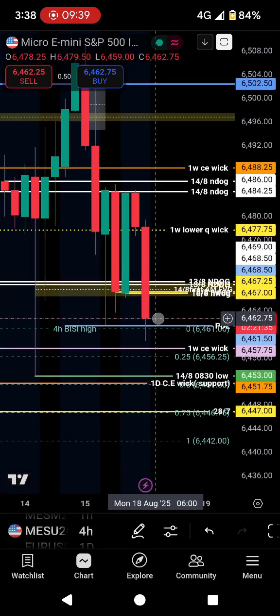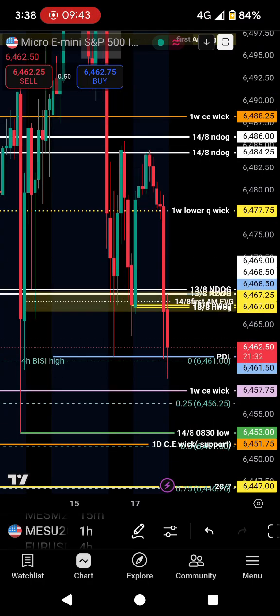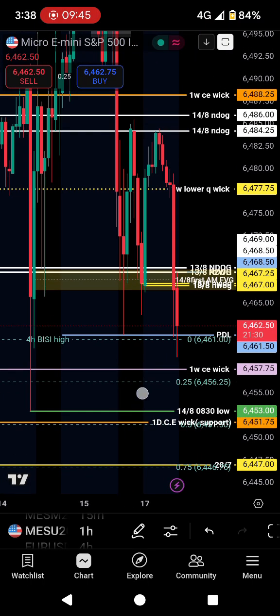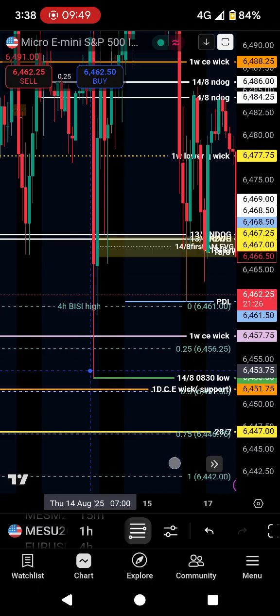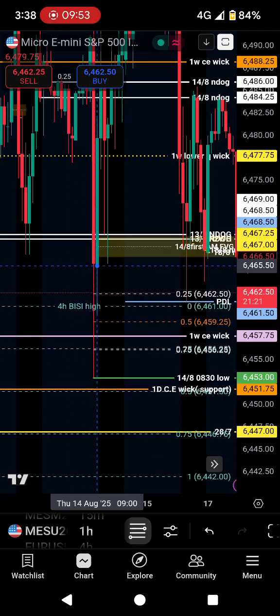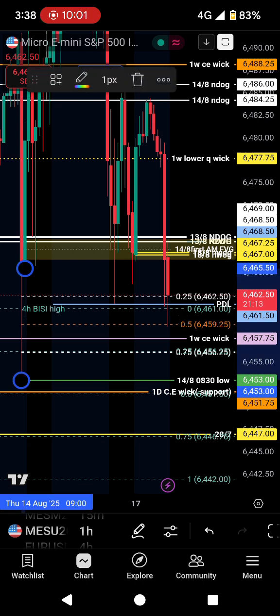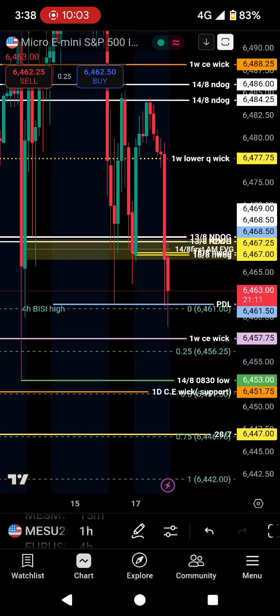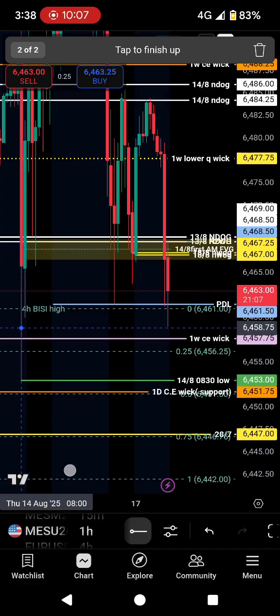We shall see how we react at this 4-hour CE here, because we cleared daily sell side already. And not this week's. 6459.25. Okay, so at the 4-hour CE week we supported 6459.25. Let's delete it and draw it properly.